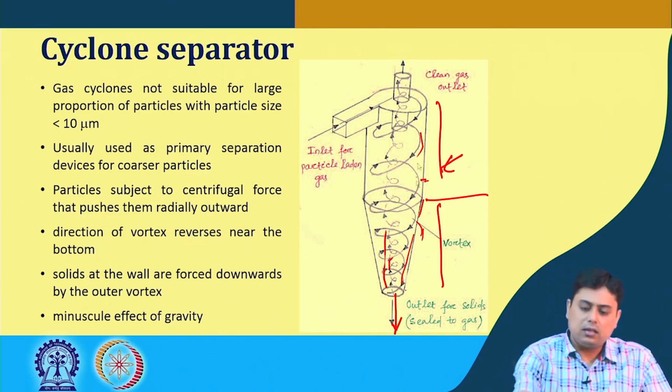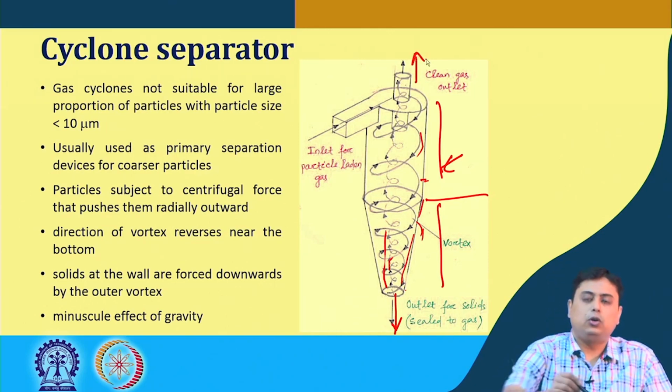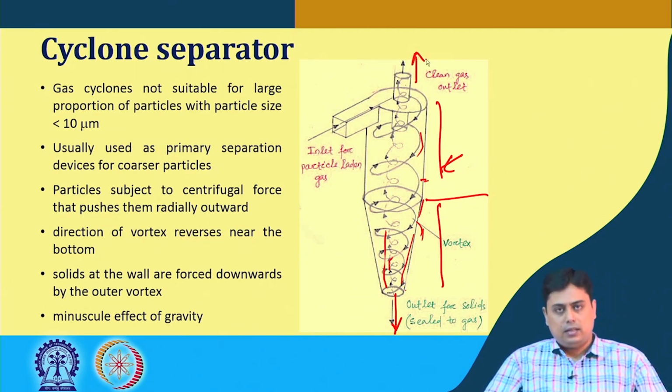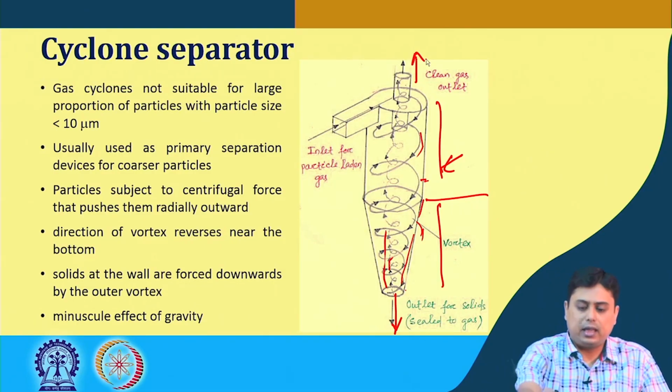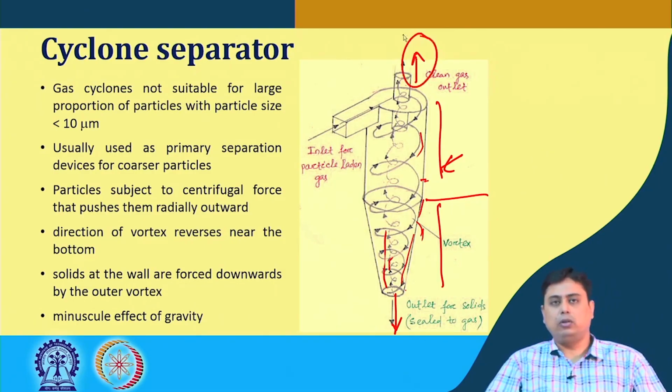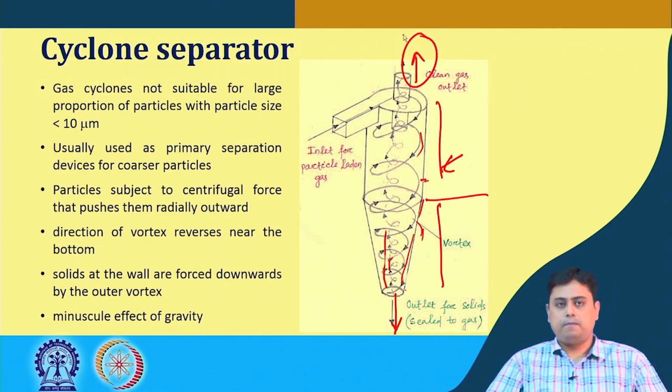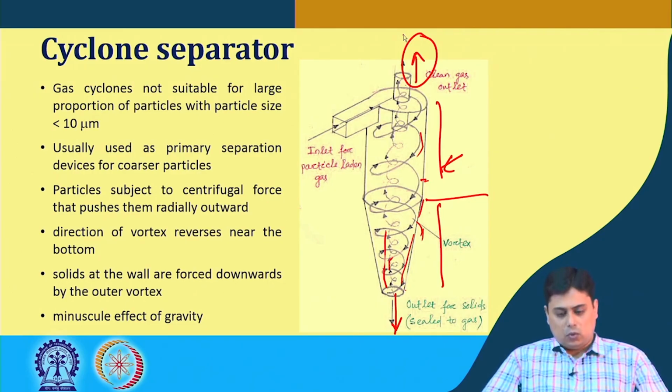The clean gas escapes from the top, and since practically there is no 100% efficient cyclone, some finer particles escape through the clean gas outlet. So, this is basically an overview of the cyclone separator.